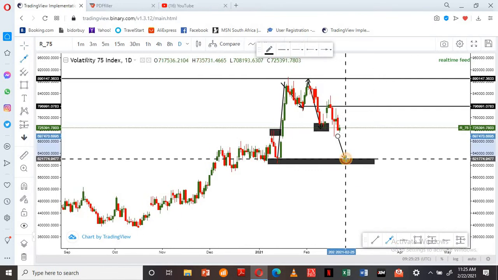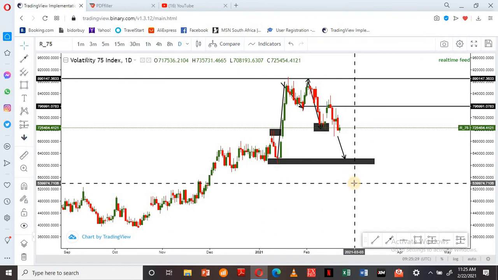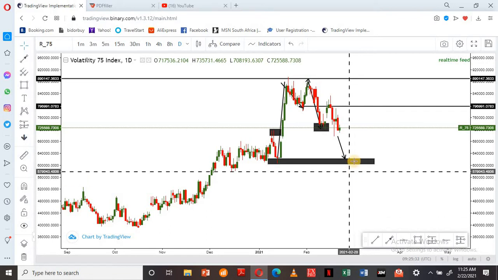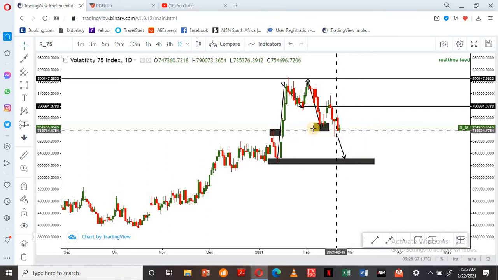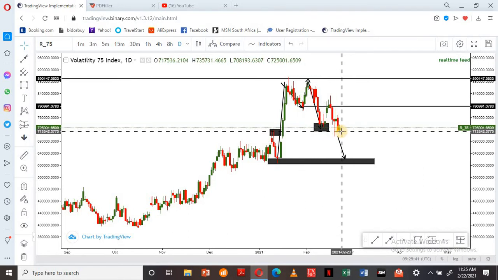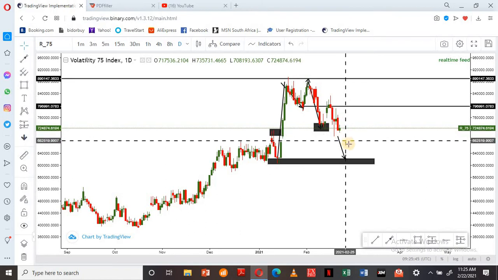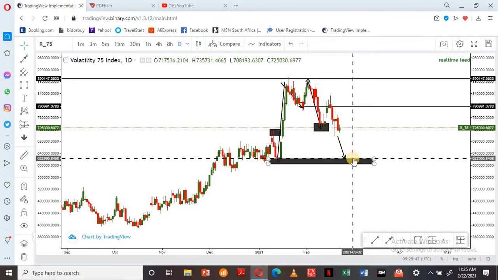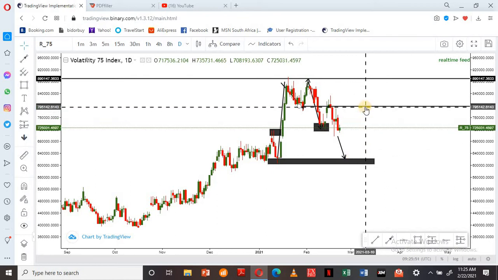Mind you, we are still on the daily chart. If it breaks this level, closing this green candlestick down here, we expect it to fall to this level until we look for another opportunity to buy.